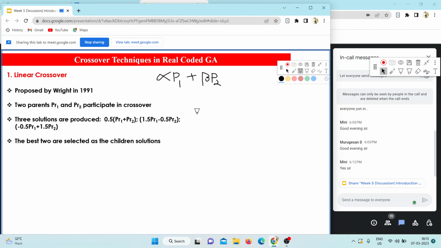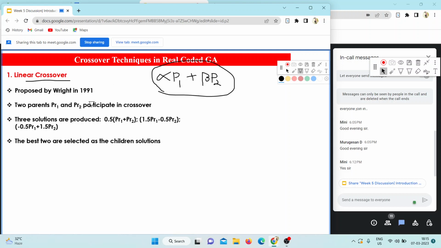Crossover, you all know, two parents participate in reproduction, and then crossover happens, and this is the formula for crossover techniques in real coded GA. Now we will be seeing different crossover techniques. So first one is linear crossover.